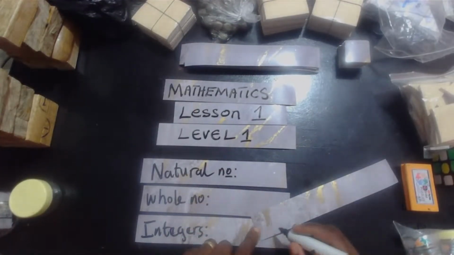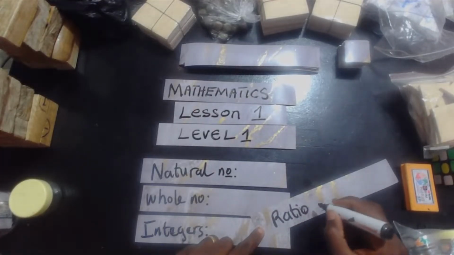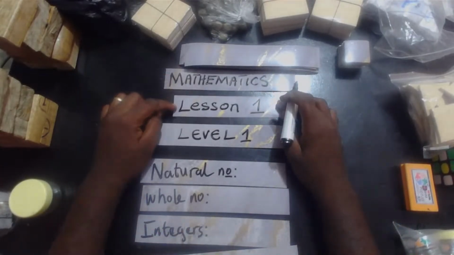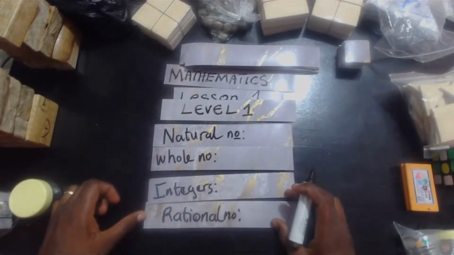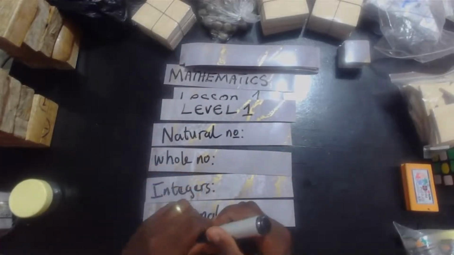So let's put this here and let's write ratio. I like to call it rational numbers. So we have sets. This is the first level of question and is recall. What do we recall about natural numbers?